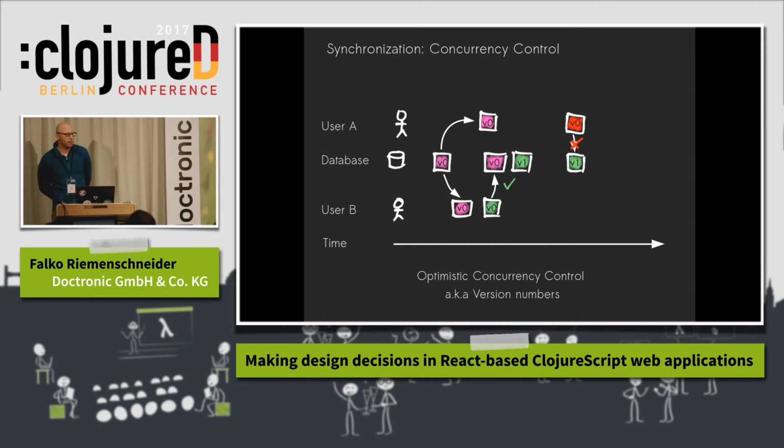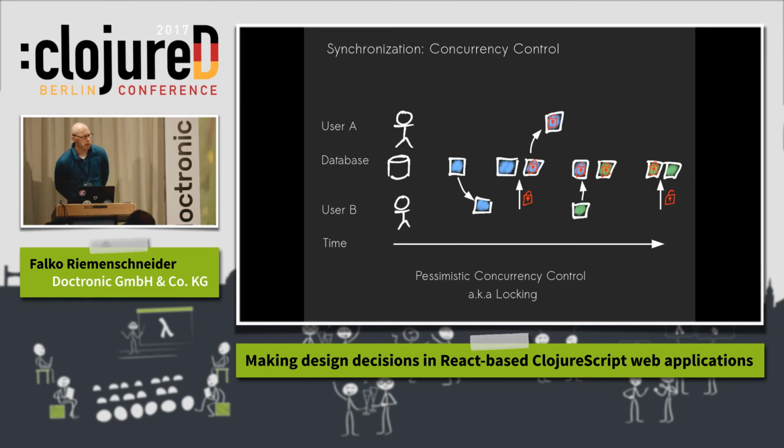Now whenever an update is sent from the front end, the backend compares the current version number with the new version number, and if they match, the update is applied, and if they don't match, the update is rejected. So this is basically how concurrency control in the optimistic way works. This is very nice when you have low probability of conflicts, or if it's okay for your users to retype or rework what they have just sent to the backend.